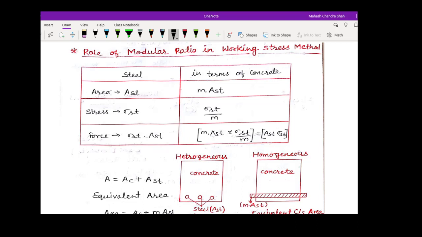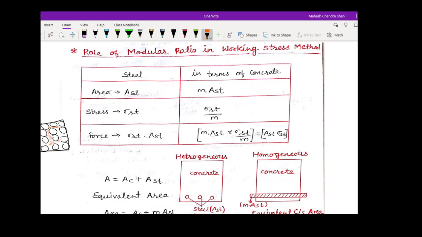We can convert the section into one of two things, steel or concrete. What if we convert the whole section into steel? There is a problem there, because when we convert the whole section into steel, there will be some voids here whose analysis will be difficult for us.